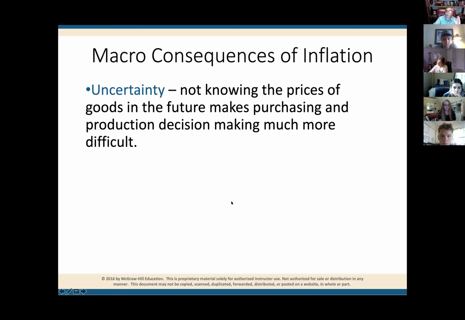In other words, companies don't know what's going to happen. So companies begin to make decisions, and in some cases, with the information that they have, they probably do not make the best decision. Think about, for example, a company that makes bread, and they buy tons of wheat to make bread, and inflation is going up.